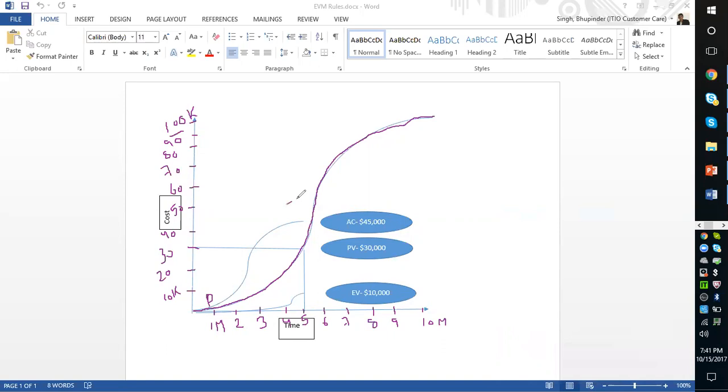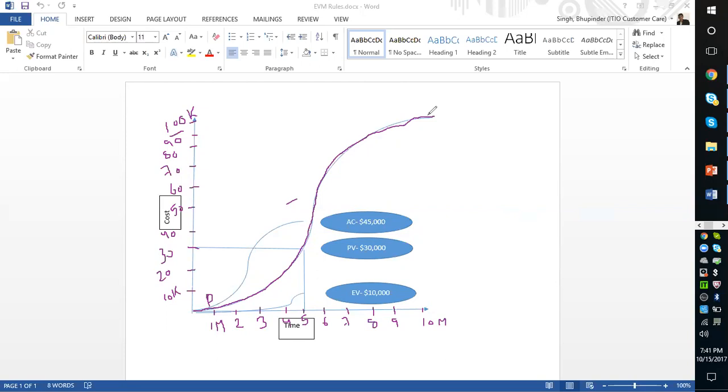Then let's say this is the execution stage, execution and monitoring and controlling, which happen together. This is the stage where the majority of money is getting spent. And towards the end, while closing, you will not release everybody together. You will slowly start to ramp down the team, and towards the end the cost will start tapering off.